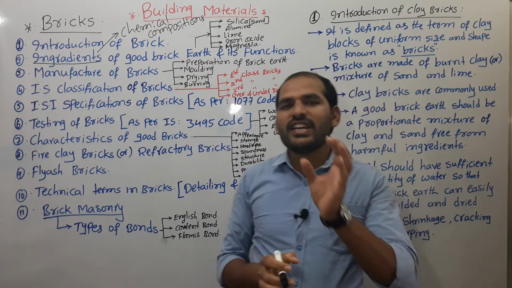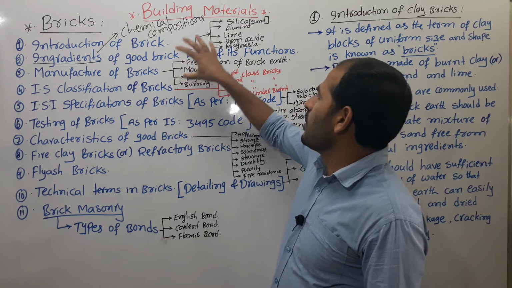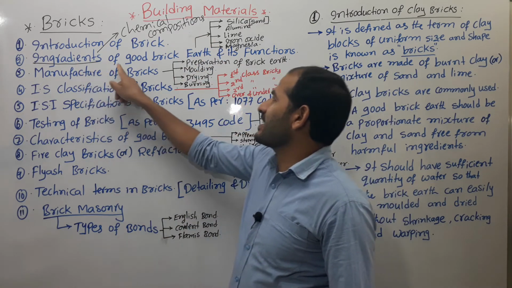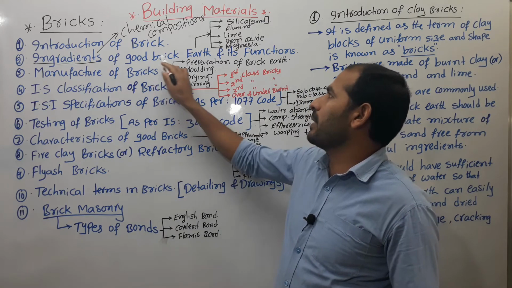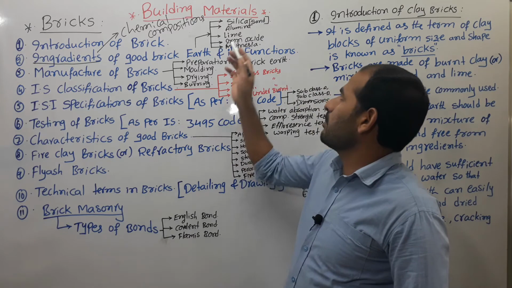For the preparation of a brick or a number of bricks, which type of earth is required, that is the ingredients of good brick earth, and what is the function of that brick earth.